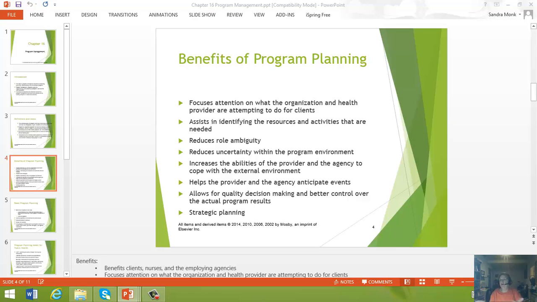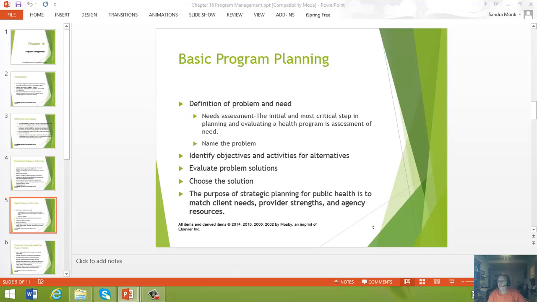You've got a united front, you know where you're going with your program, and it helps the provider and the agency to anticipate events and barriers to the program implementation, or what might be a favorable condition for the program to be conducted in. And it allows for quality decisions, making better control over the actual program results and outcomes. And it allows for strategic planning. And we're going to talk a little bit more about strategic planning in another couple slides.